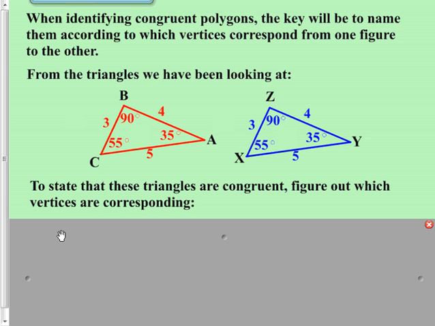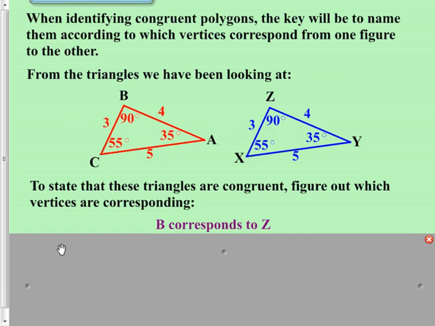Okay, so obviously when it comes time to name two polygons as being congruent, we're going to figure out what corresponds to what. Now, it does not matter which vertices you start off with from one figure, but you have to get the corresponding vertex from the other figure. So if you wanted to start with vertex B from the figure on the left, then to figure out what corresponds to vertex B, well, it's going to be vertex Z. And the reason we would pick that is because B is the 90-degree angle, Z is the 90-degree angle.